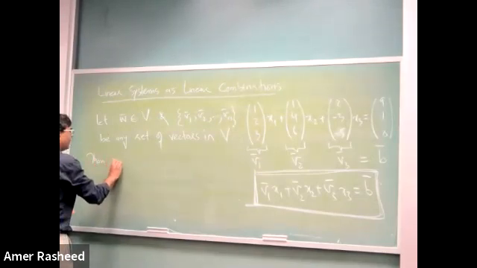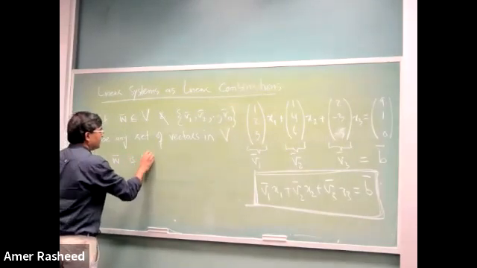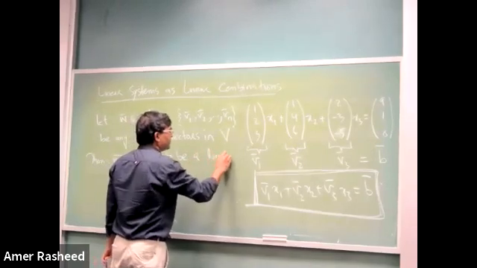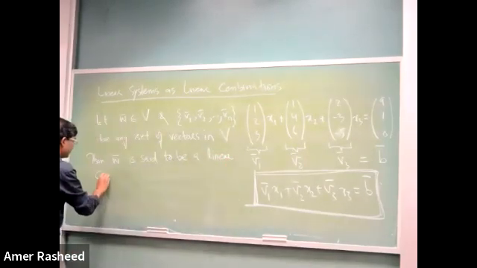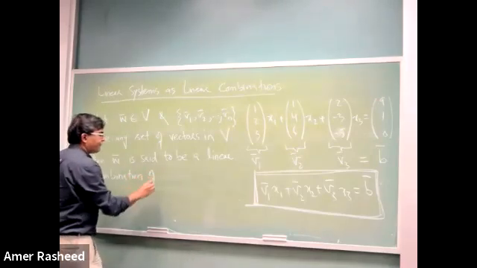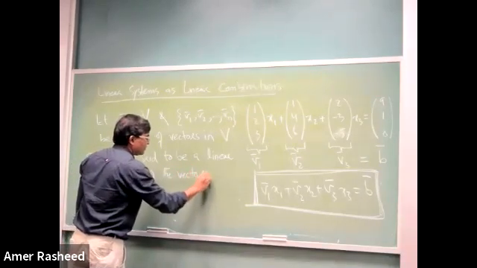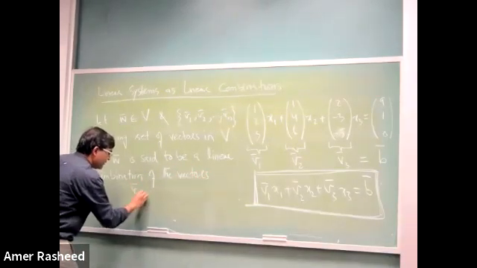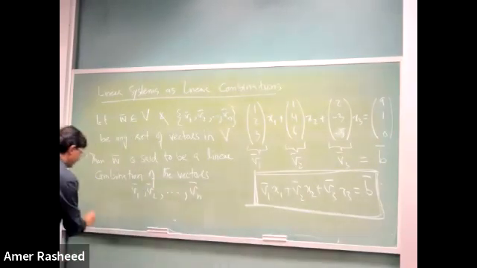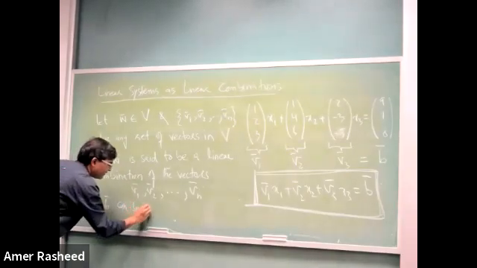Then W is said to be a linear combination of vectors V1, V2, so on, Vn, if W can be written as.